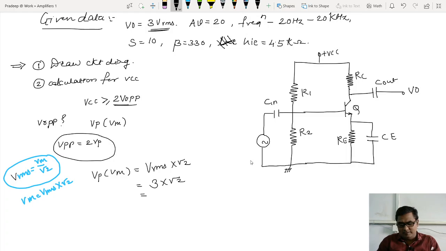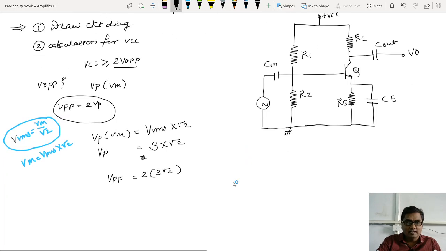Let me take the calculator. I hope you all are using a calculator, FX-82MS or something. I'll use it. Now this is V peak. So V peak is equal to 3 root 2. Then what about V peak to peak? V peak to peak will be twice of 3 root 2.